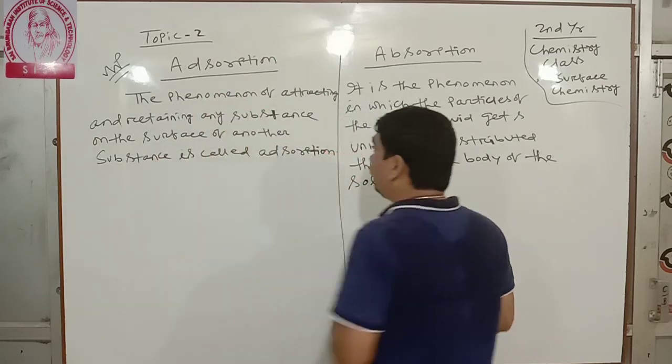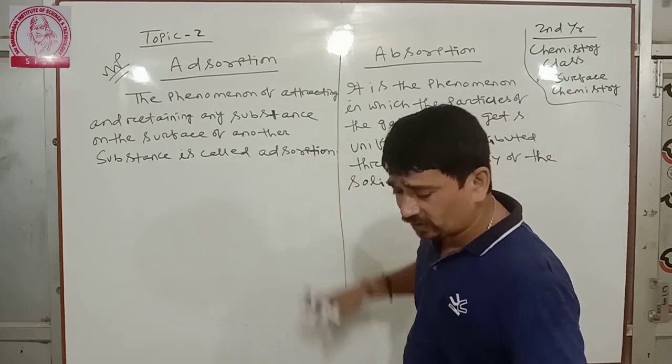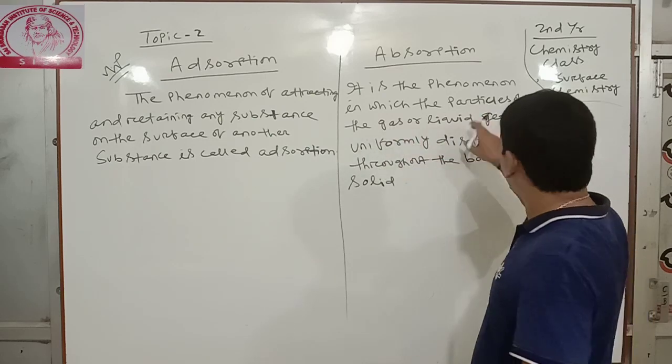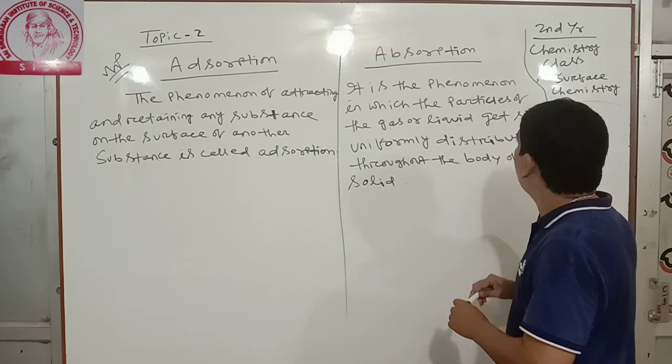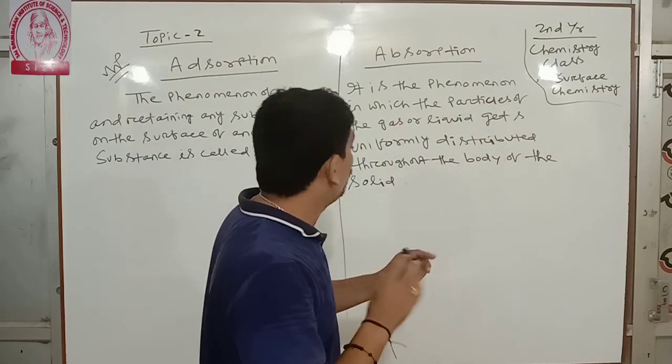So the phenomenon of attracting and retaining any substance on the surface of another substance is called adsorption. Absorption is the phenomenon in which the particles of the gas or liquid get uniformly distributed throughout the body of the solid.